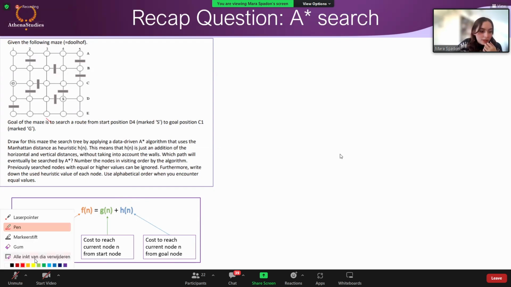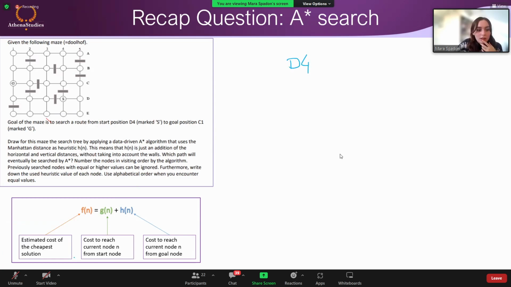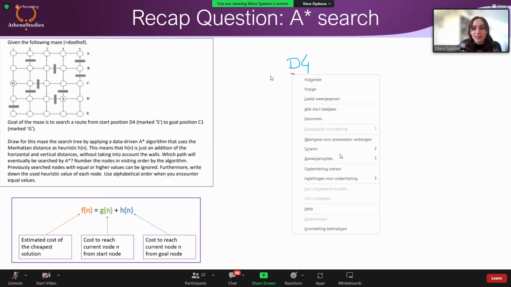So what is our starting node again? D4. Yes, exactly. So we start at D4. From there, let's calculate its heuristic value. For G, we want to know the cost to reach the start. So if we are at the start, what is the distance to the start? If we are at the start, then the distance to the start is 0, because we are already there.